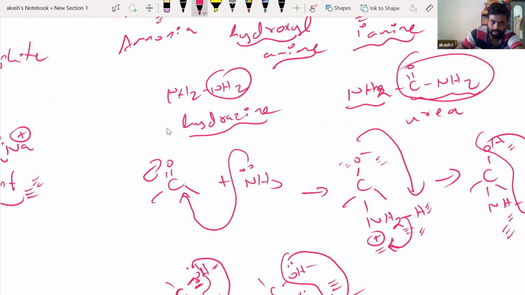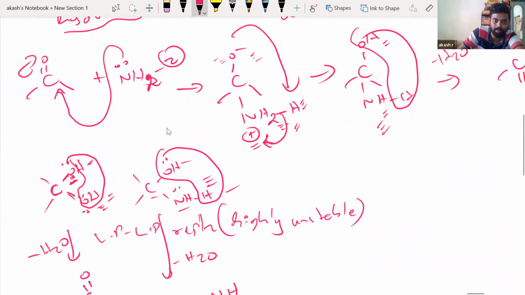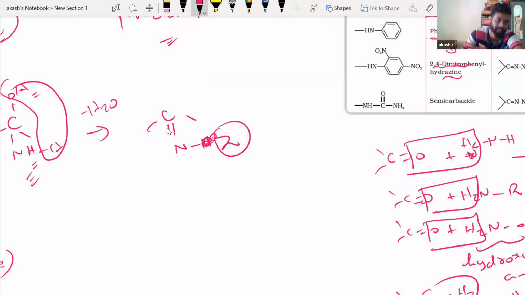Again, we can write it as NH2Z, and eventually you are going to form C double bond NZ. That's it. The mechanism is very simple. First, addition of the nucleophile, CO minus, and then you understand that the OH and the nitrogen compound cannot be on the same carbon. Remove the water molecule. Eventually, this is the product.